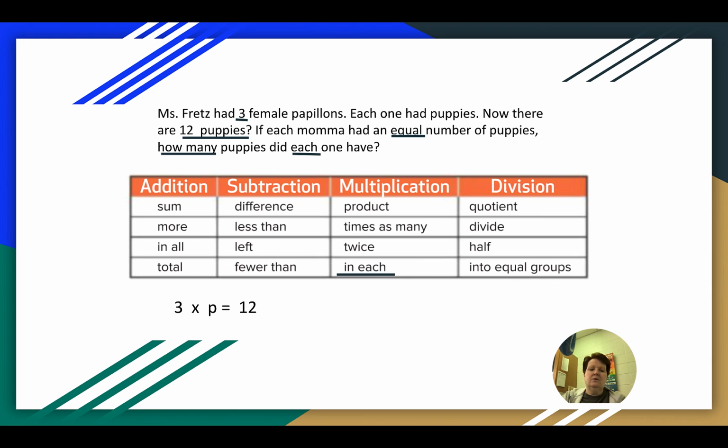So we're going to do 3 times P for puppies equals 12. Now, we can do that with multiplication, or we can do inverse operation and do 12 divided by 3 equals P. And then you can tell me what P stands for. If you said 4, you are correct.